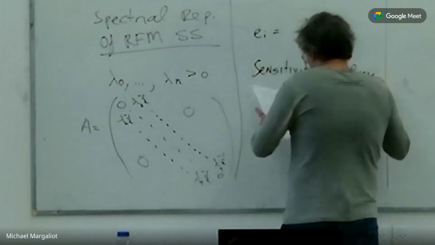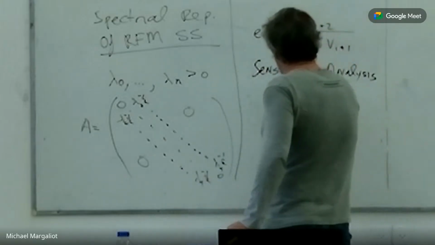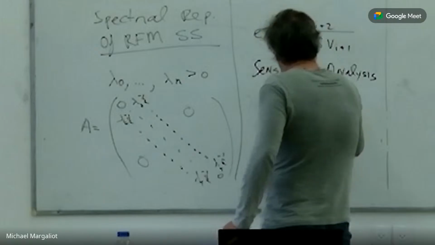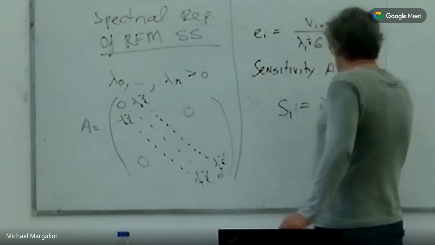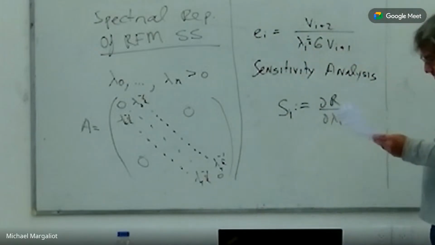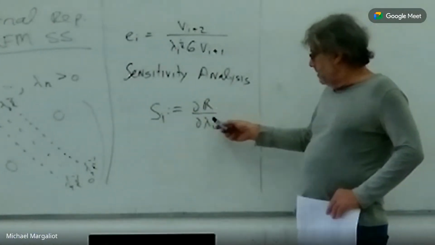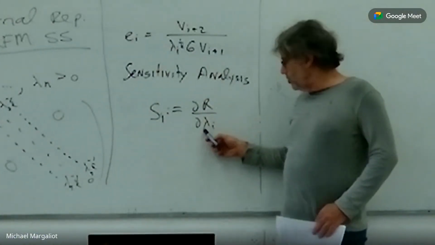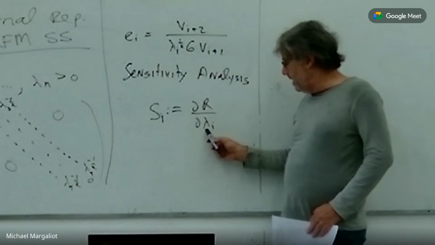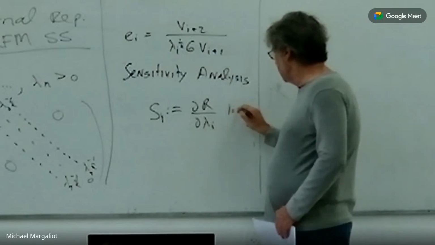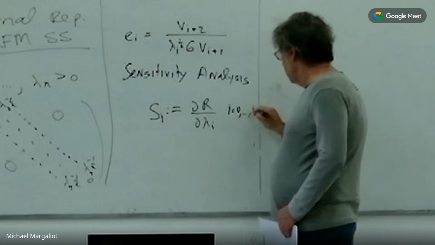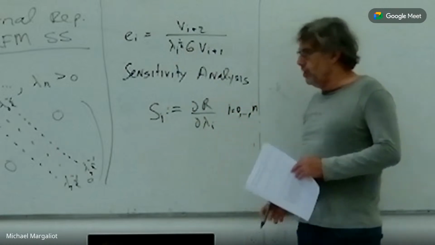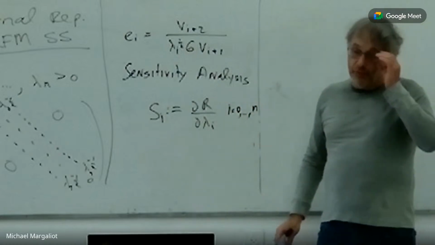And in particular, what I would like to do is define these quantities. What are these quantities? This tells me, if I change one of the lambda i's by a little bit, what will be the change in the steady state production rate?